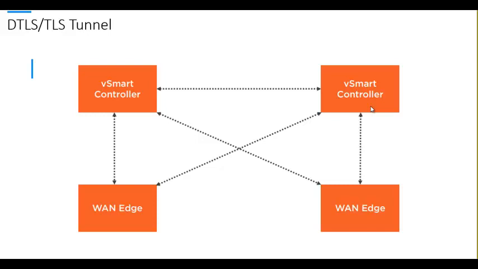But this is regarding TLS and DTLS. Yeah, sorry, now I remember. I did not read it like this for OMP. I read that DTLS and TLS run between the vSmart and vBond as well as vManage and vBond. This protocol runs between both vSmart as well as vBond, also between vManage and vBond.